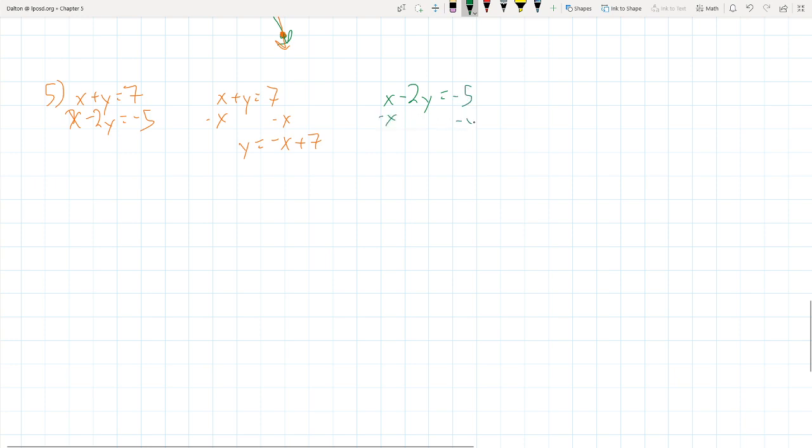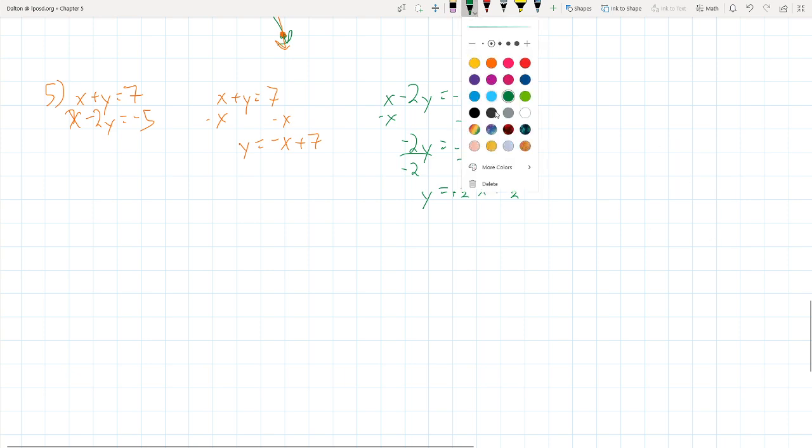Subtract an x from both sides. I get negative 2y equals negative x minus 5. Divide everything by negative 2. I get y equals positive 1/2 x plus 5/2.